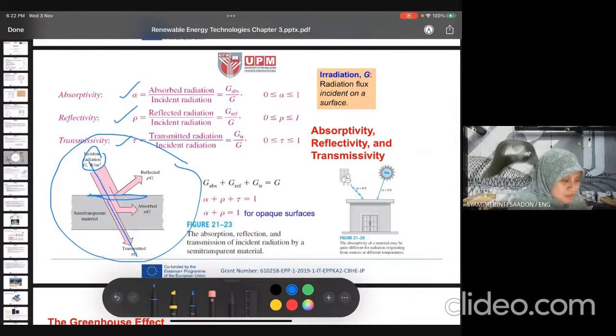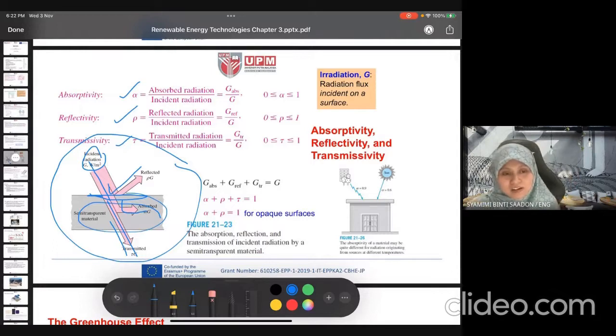Normally, of the total incident radiation, some will be reflected, some absorbed, and some portion will be transmitted. Only some of it will be transmitted. All of these parameters depend on the material, the surface that we use.